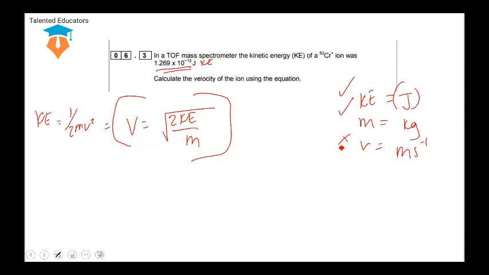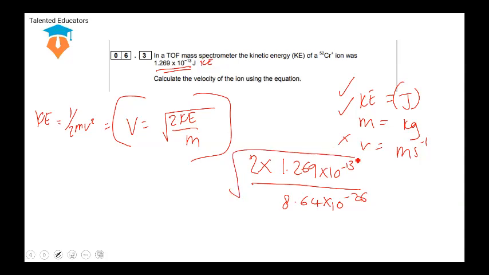Simply plug it into the calculator, or write it down as 2 times 1.269 times 10 to the power of minus 13 over the mass that we got in the previous question, 8.64, because it's carrying on. Square root it all. Should give us 1.71 times 10 to the power of 6. And simple, that is your answer.